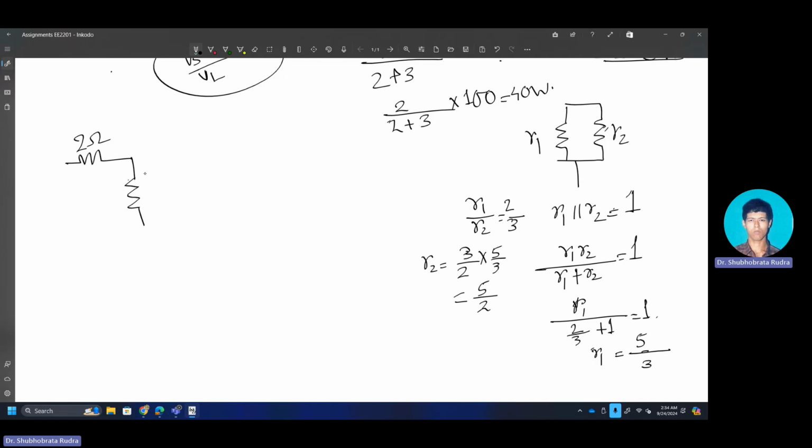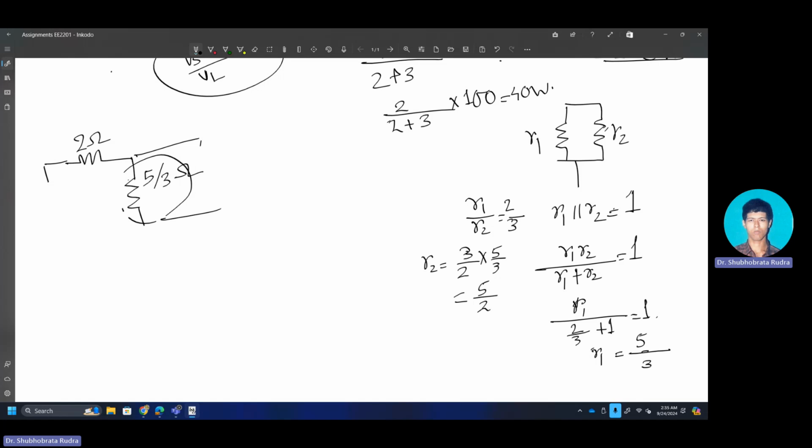So when you have 2 ohm, you should put 5 by 3 ohm in series with that. Suppose you have a 22-volt source here, and then how much power will be getting transferred here? Okay, forget about 22-volt, we will come to that later.